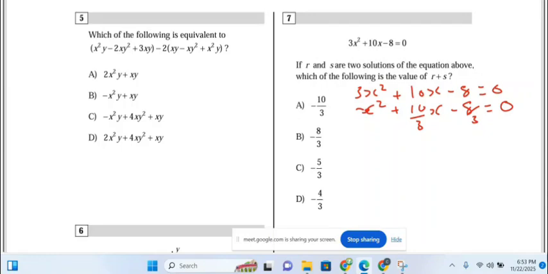The next thing you do is remember the general expression for sum and product of roots.